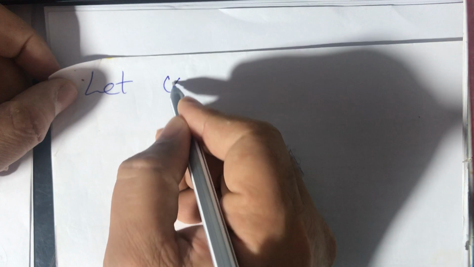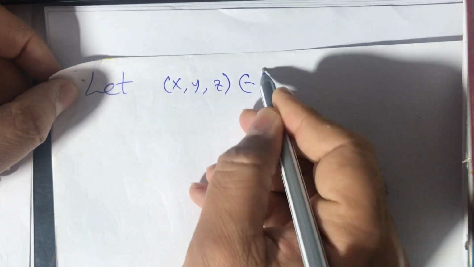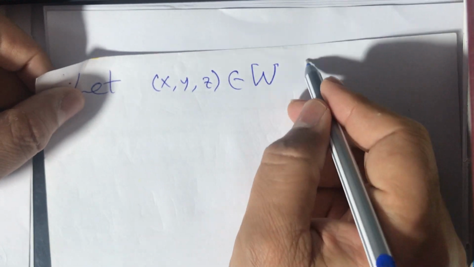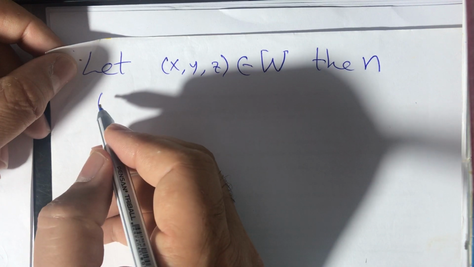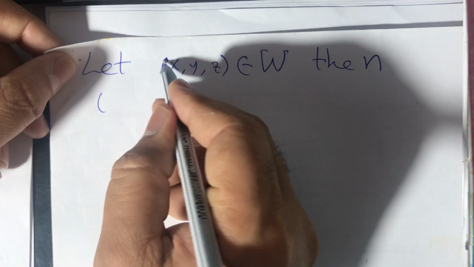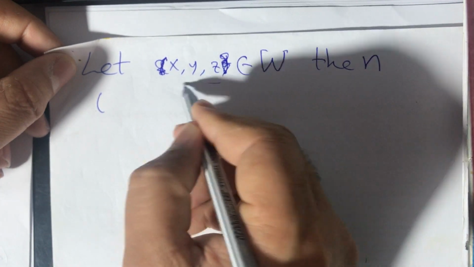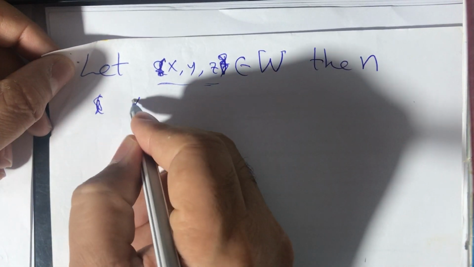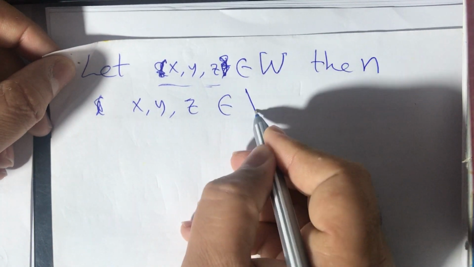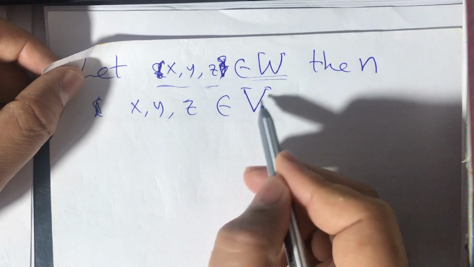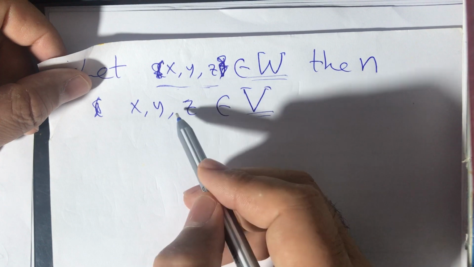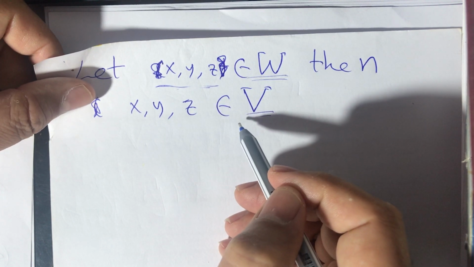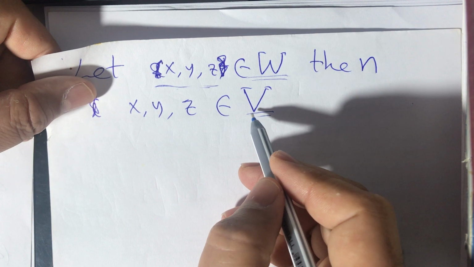Now we say let X, Y, Z belong to W. Then X, Y, Z belong to V, because W is a subset of V. So if these vectors are in W, of course they will be in V.